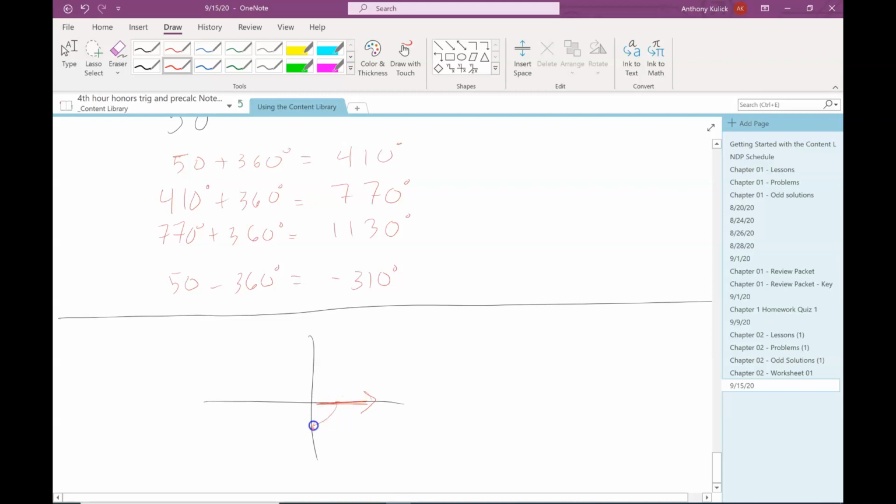So 90, 180, 270, and 40 more puts me here. So that's like negative 310 degrees, which you'll notice is exactly the same as positive 50 degrees, right? Same location of the terminal side.